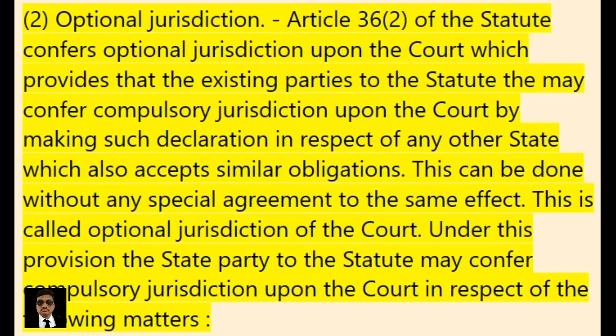This can be done without any special agreement to the same effect. This is called optional jurisdiction of the court. Under this provision, the state party to the statute may confer compulsory jurisdiction upon the court in respect of the following matters.